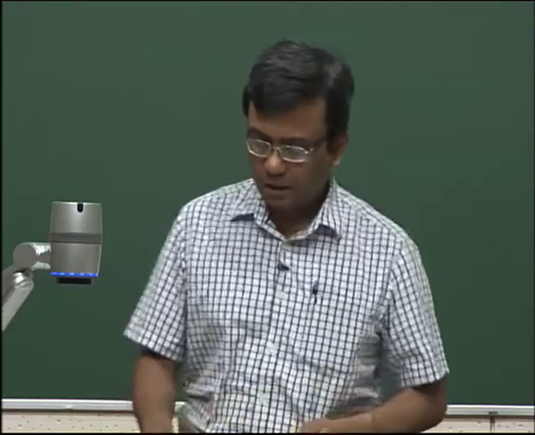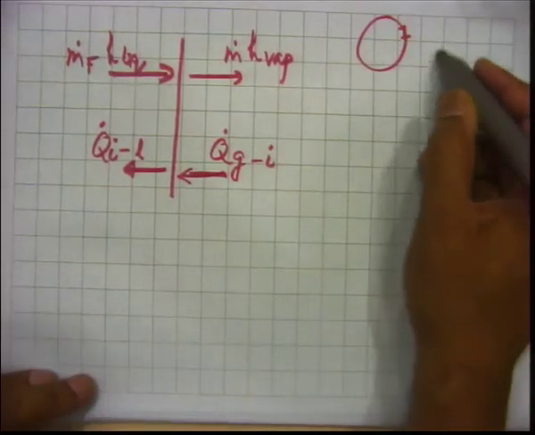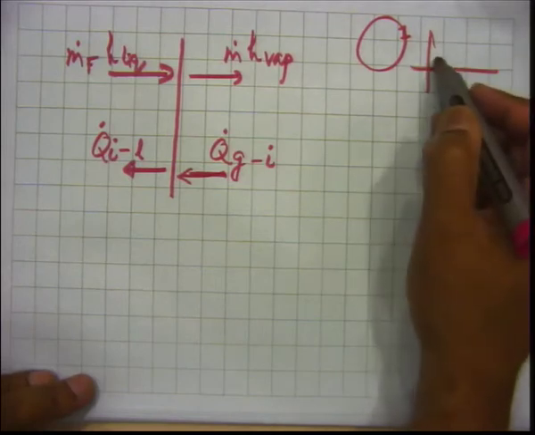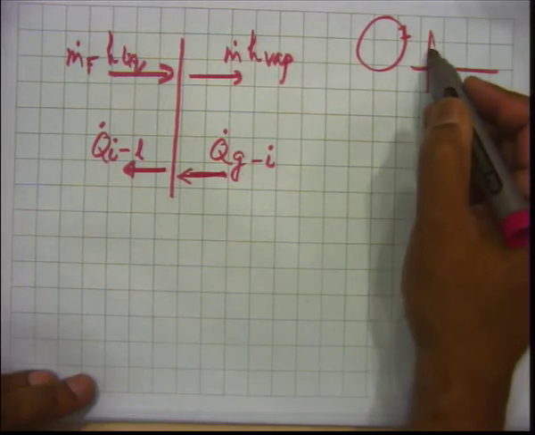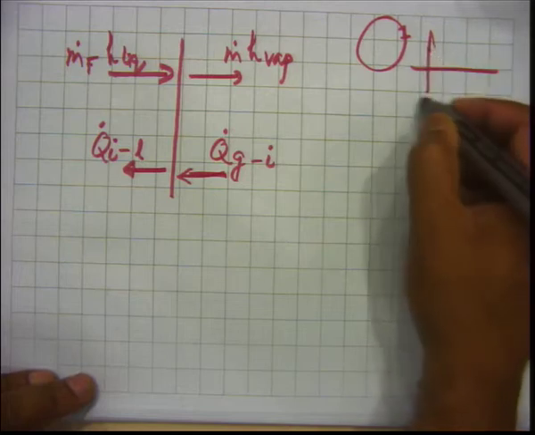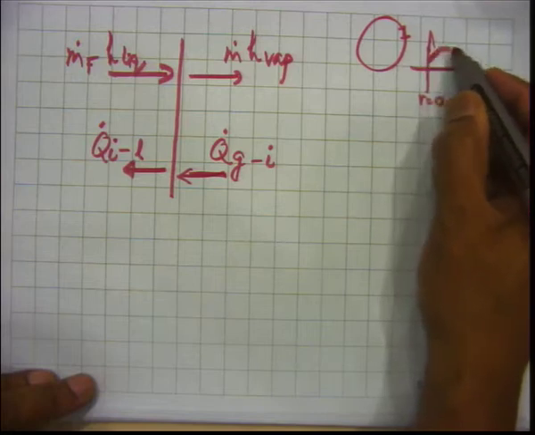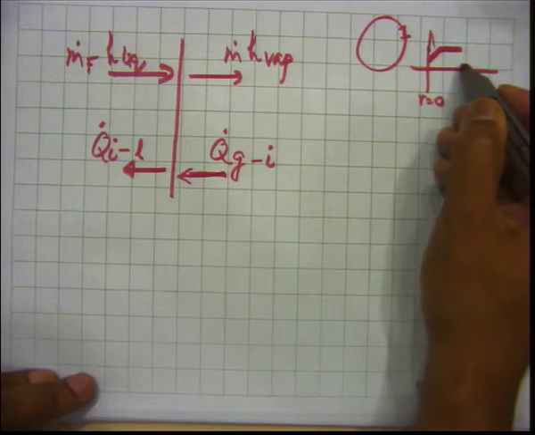So what I mean by that is that at some time the droplet temperature may be, with r equal to 0 at the center, smaller at the center and then larger as you move away from the center.